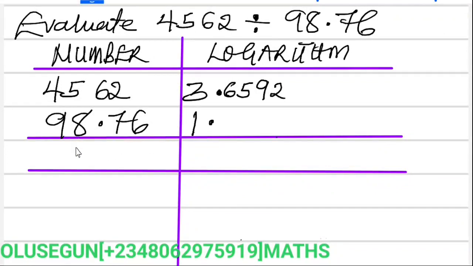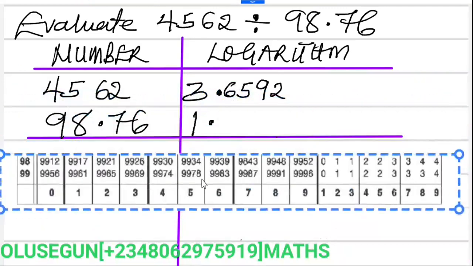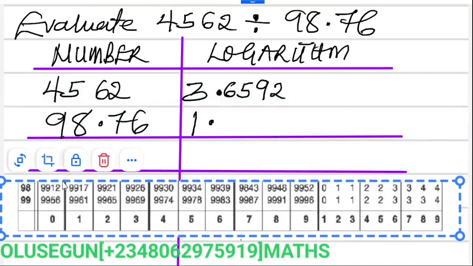Now let's find 98 under 7 difference 6. Let me bring it up and let's see the logarithm of 98. Now let's find 98 under 7: 0, 1, 2, 3, 4, 5, 6, 7.